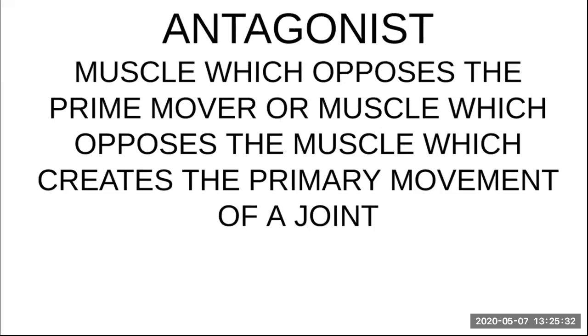Antagonist, muscle which opposes the prime mover, or muscle which opposes the muscle which creates the primary movement of a joint. So it opposes the agonist. So basically with that answer, I'm saying the exact same thing, but the second more lengthy answer just articulates maybe a little bit more clearly the first part of that answer.